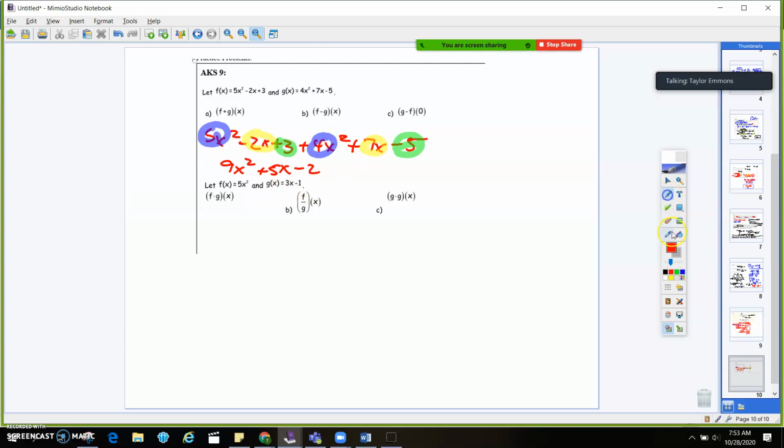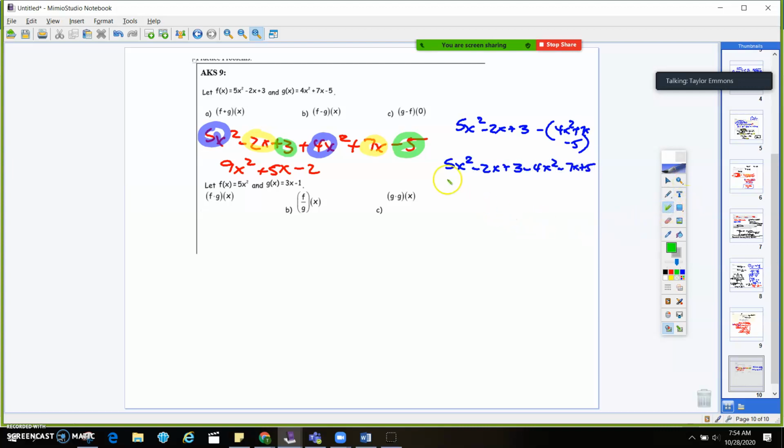Okay. On the next one, we've got subtraction. Okay, so we've got 5x squared minus 2x plus 3 minus 4x squared plus 7x minus 5. So we're going to distribute that negative, so this will give me 5x squared minus 2x plus 3 minus 4x squared minus 7x plus 5.